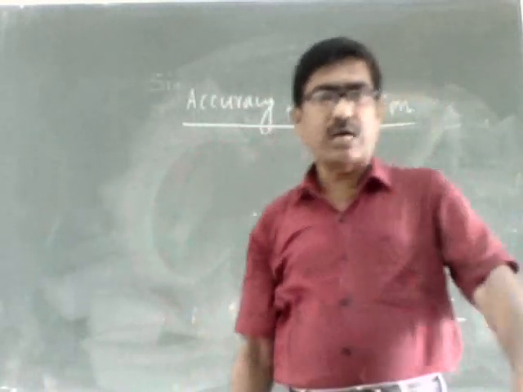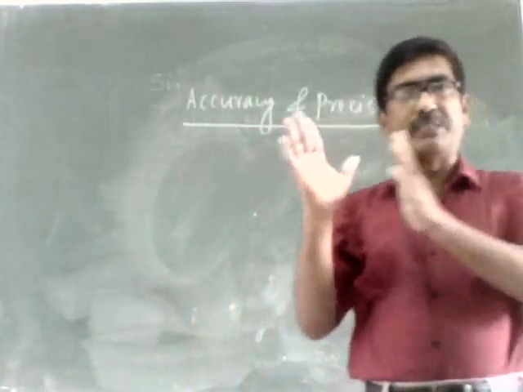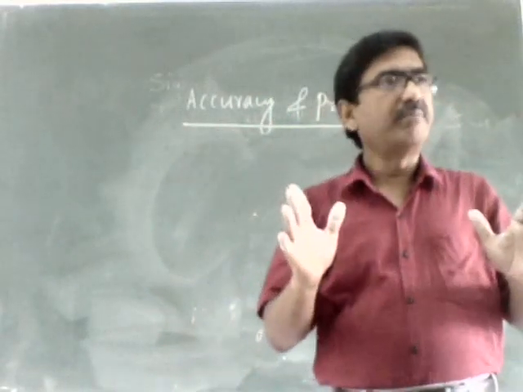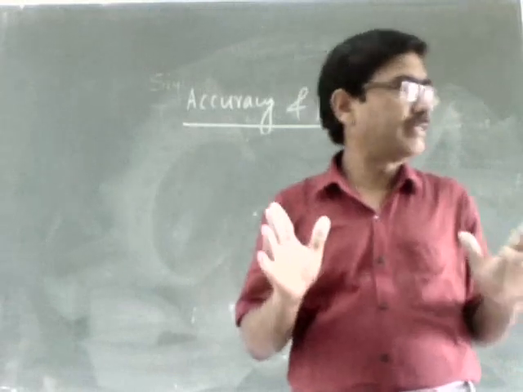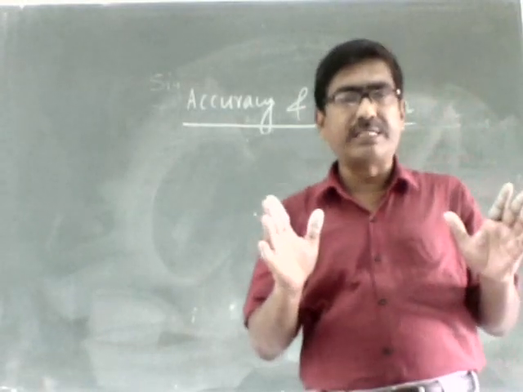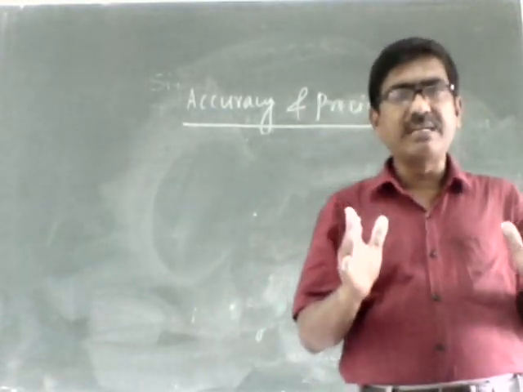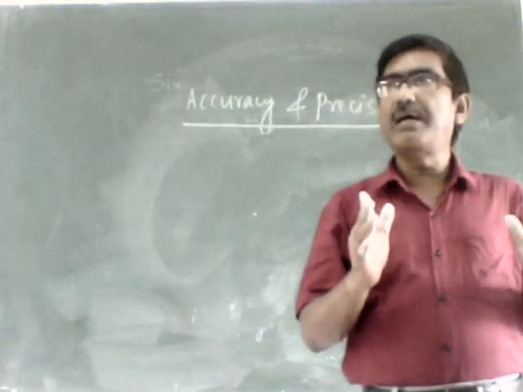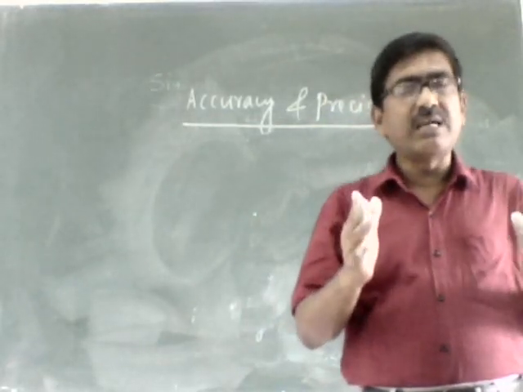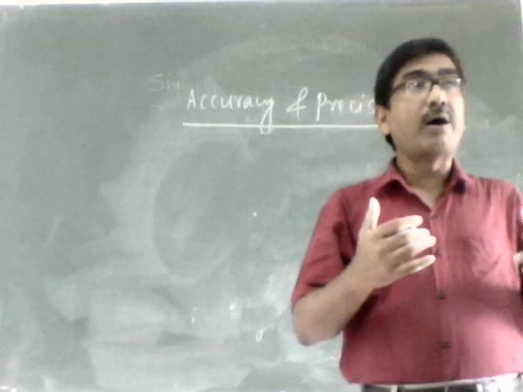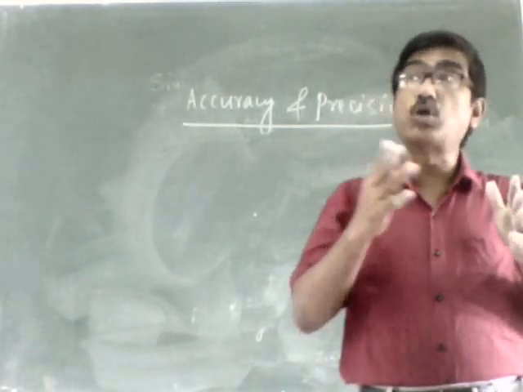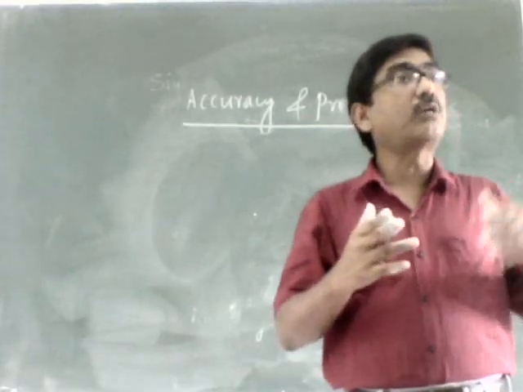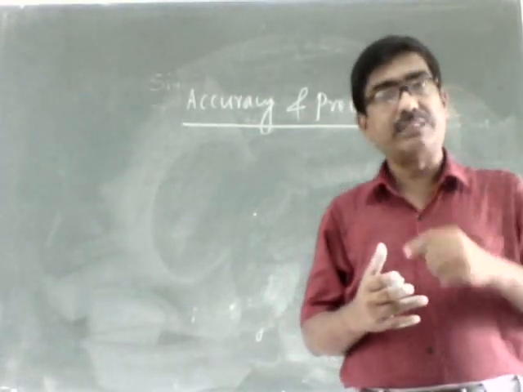These two terms, accuracy and precision, are both mainly related with the measurement of a physical quantity. If a physical quantity is measured, first you have to see its accuracy, meaning whatever measured value you got, how close this measured value is to the true value. That is accuracy.